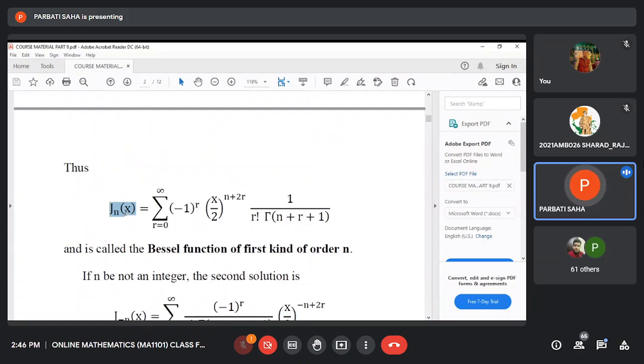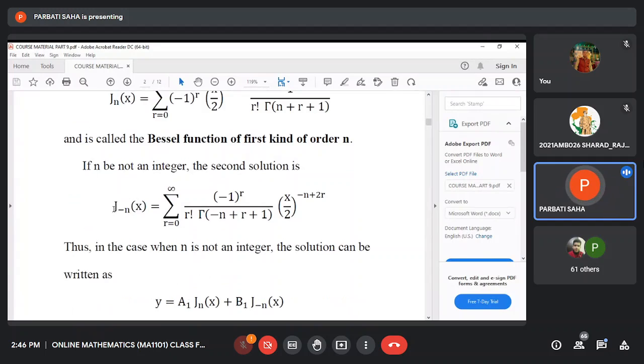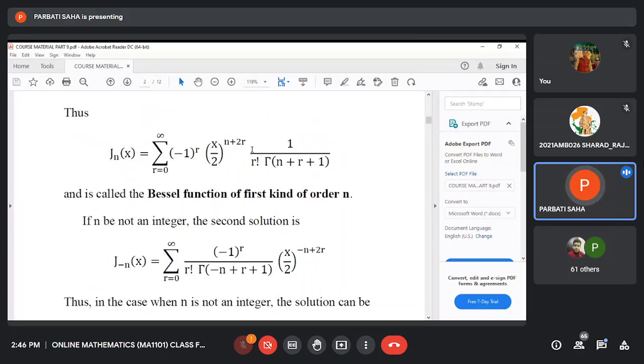Actually, we need Jn(x) in this chapter, which is called the Bessel function of the first kind of order n. If n is not an integer, then another solution is given by J minus n(x), where n is replaced by minus n.